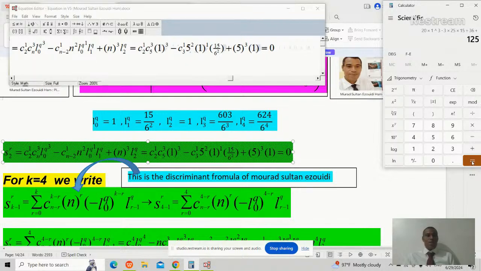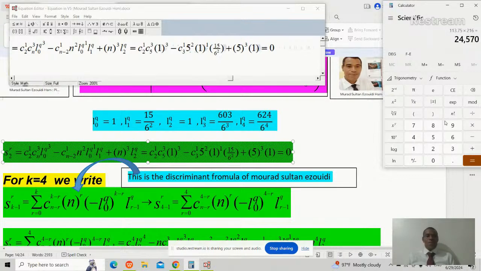This one is equal to 113.75. You can multiply this by 216 or by 36 as you want, to make the denominator 216.